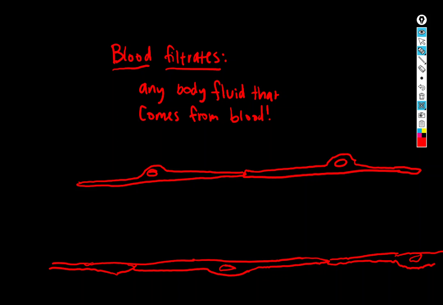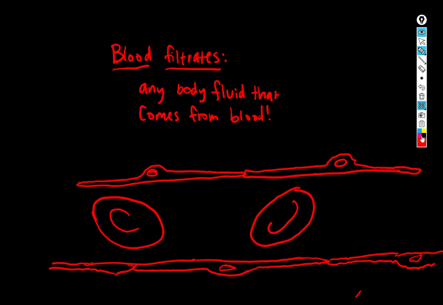And so you can see that there's going to be red blood cells in here. And then there's plasma, which is mostly water. But it also contains things like glucose, which I'll just make a little pink hexagon because it is actually hexagonal.